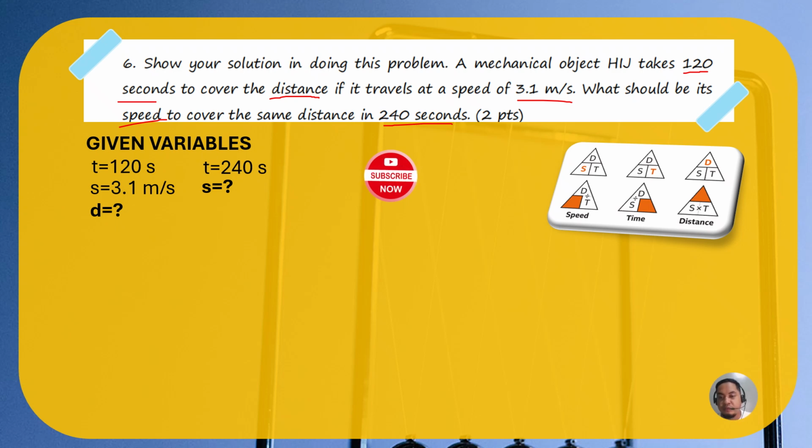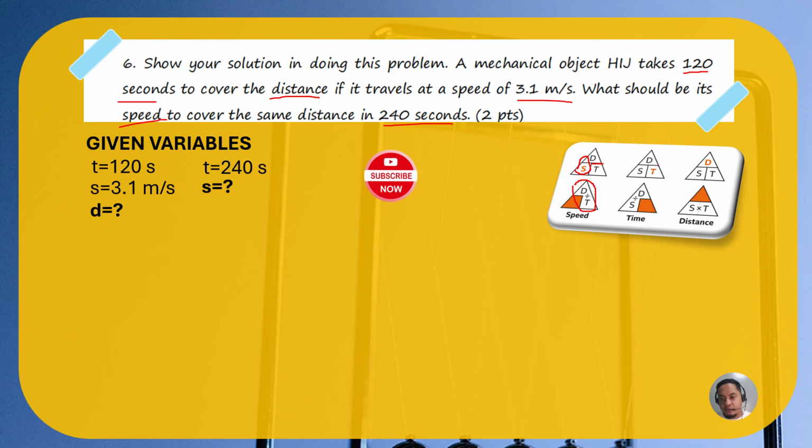For example, we have the first triangle. We need to find the speed. All you have to do is divide. As you can see, you have a fraction bar here. It means division. So distance, you will divide it by the time to get the speed. So that's distance over time. Very famous formula for the speed.